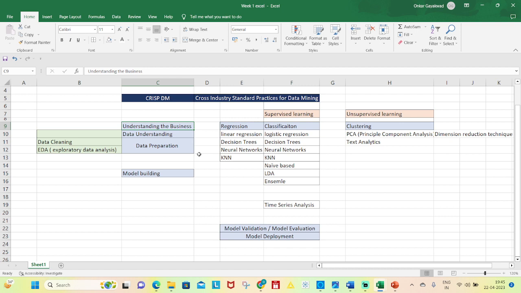Maybe the age of the customer, maybe the credit score of the customer, the income of the customer, maybe his designation, maybe how many more loans he has, maybe is he late on payments. So these are the factors that the bank actually looks into, and which you as a data scientist or a data analyst need to look into. So that is what we mean by understanding the business.